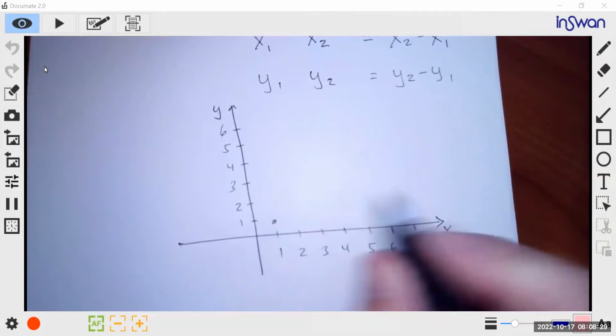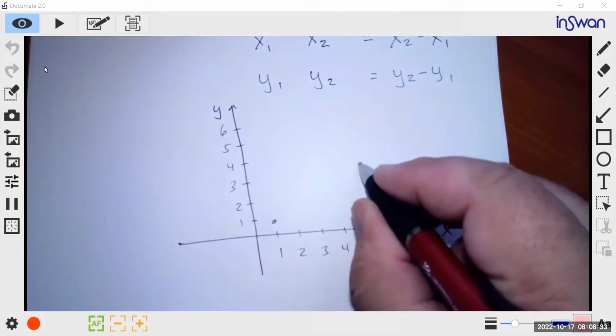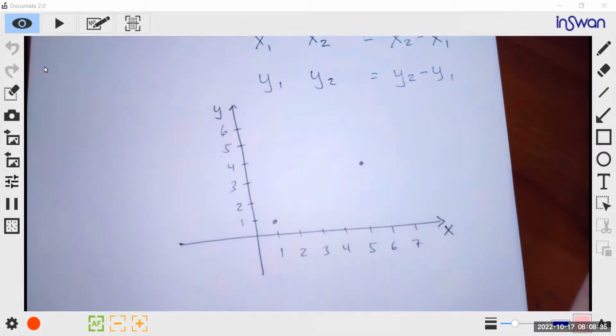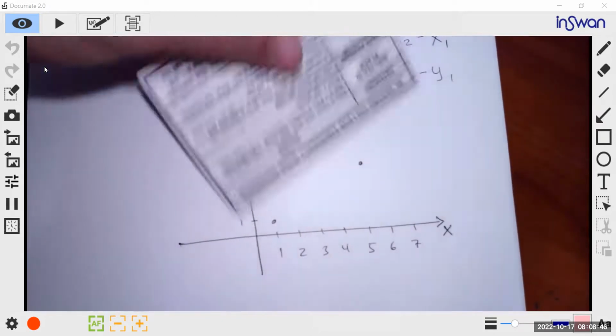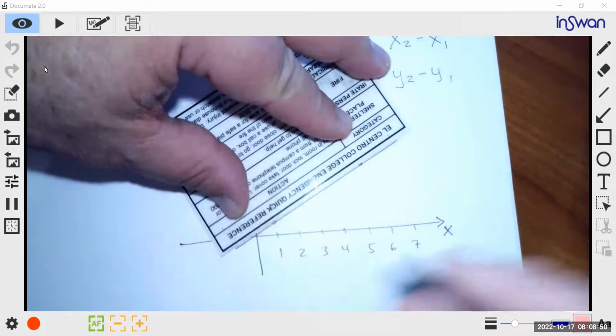So I'm going to have 2 points. Those are my 2 points. If I connect them, then I have a line.